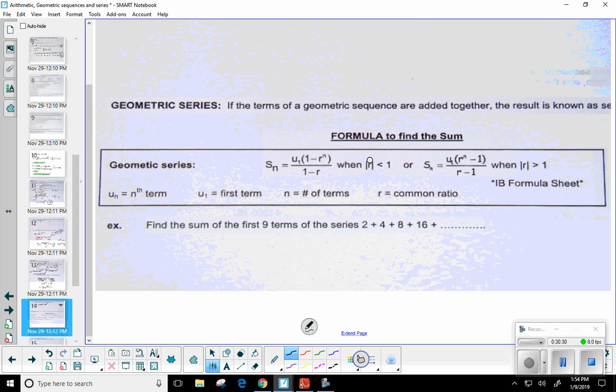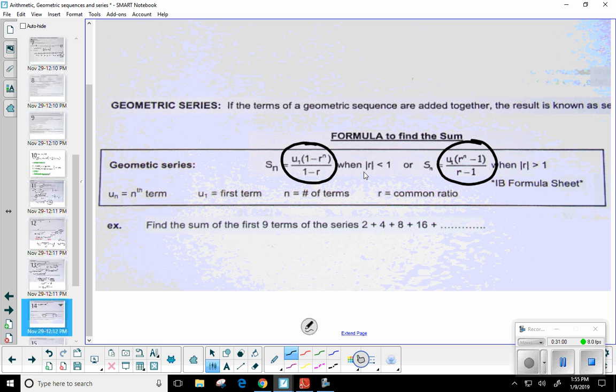Here, we take the absolute value because the common ratio could be positive or negative. If the absolute value is less than 1, then the sum of the series is this formula here: the first term times 1 minus the common ratio to the number of terms you're adding, divided by 1 minus r. If the common ratio's absolute value is greater than 1, this is the formula you're going to be using.